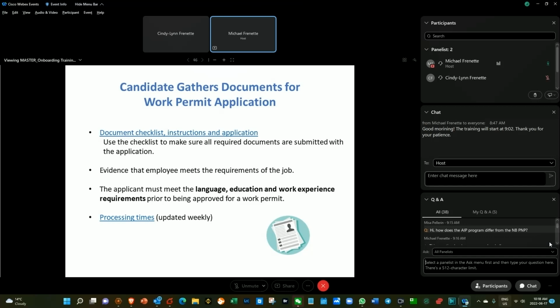For example, if any type of valid provincial or territorial trade certificate is required, they would need to provide that. They must also meet the language, education, and work experience requirements of the program prior to being approved for a work permit. As I touched on earlier, work permit processing times are posted online and updated weekly, and it would depend on where they're applying from, whether it's in Canada or overseas.